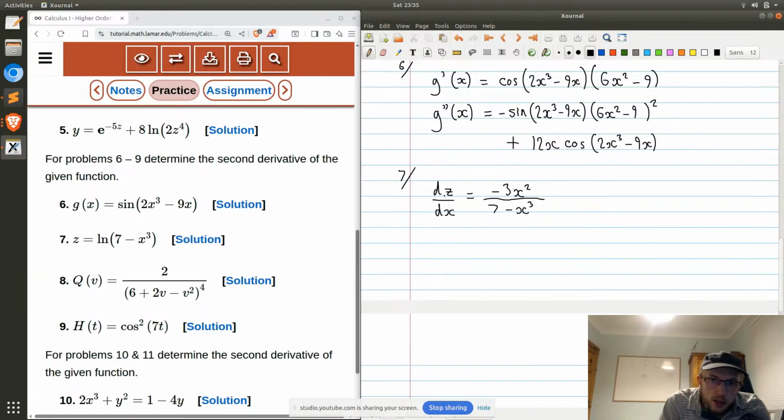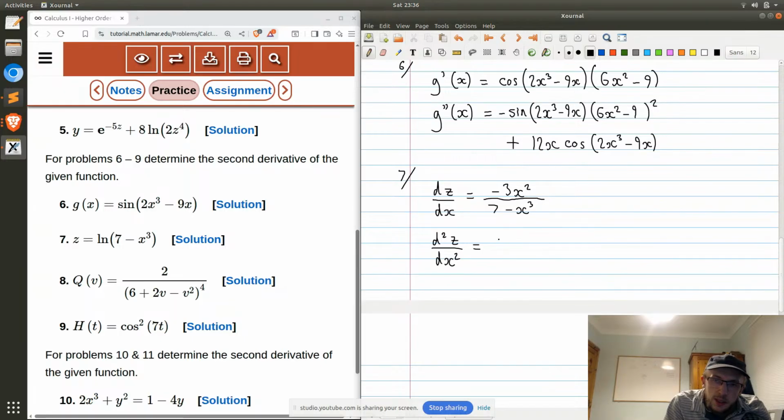And now quotient rule. d2z by dx squared. f prime g minus fg prime all over g squared.